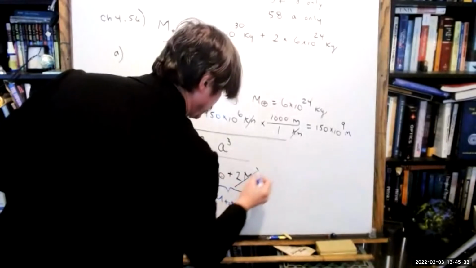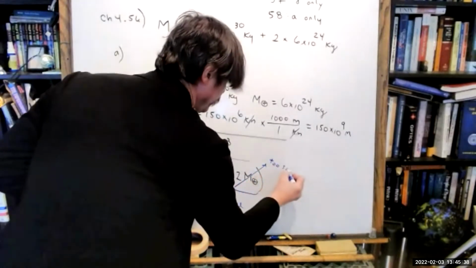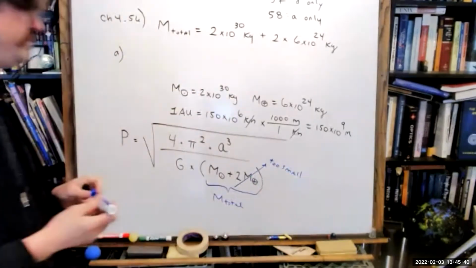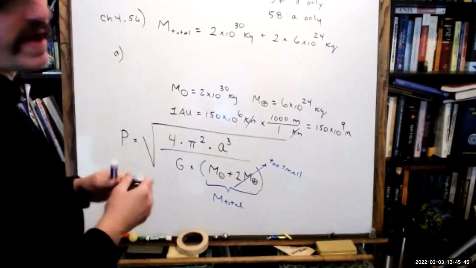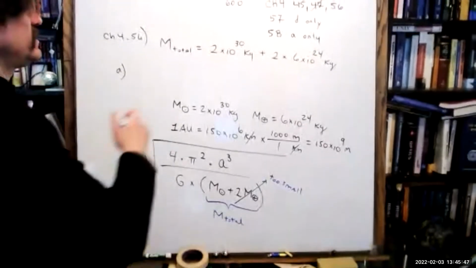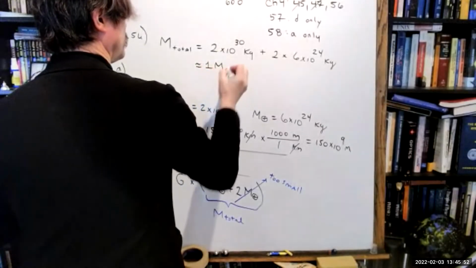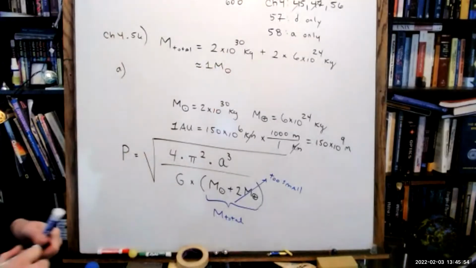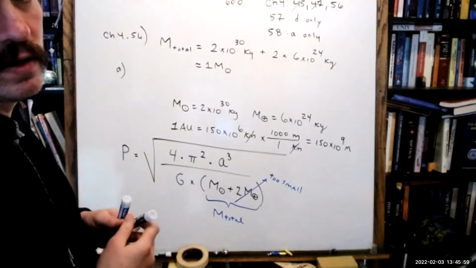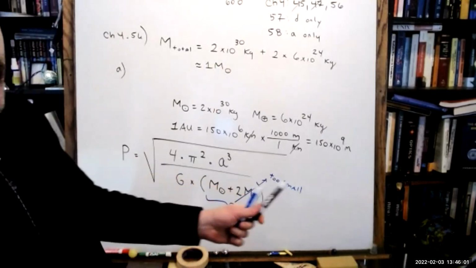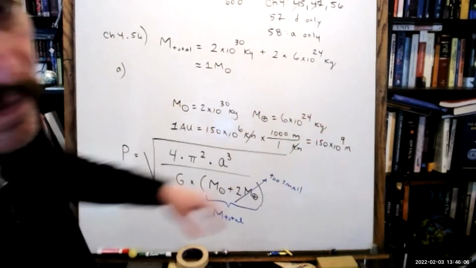Sometimes the mass of a planet usually is too small to actually count. So you can ignore the mass of the planet because the sun is so much bigger. It's approximately just the mass of the sun. Very good. So I'm going to erase and I'm going to rewrite this whole thing again, substituting our values. I'm going to erase down here now.